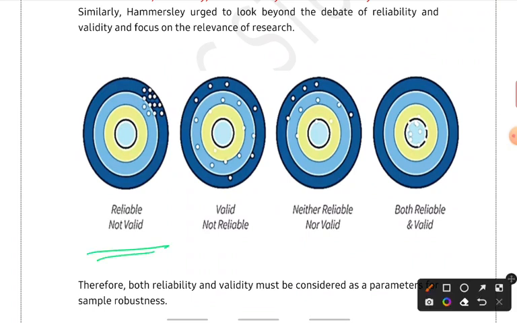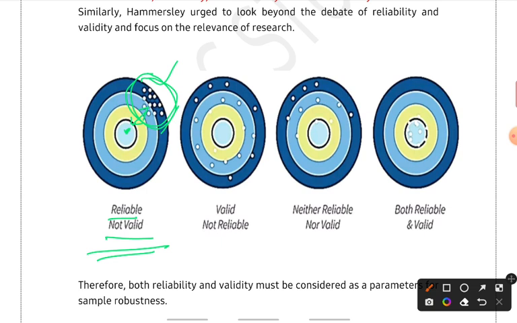Reliable, not valid, because this is the intended result in the center, but whatever data the researcher is getting every time he collects data, he is getting the same result in and around what he got the first time. So this is reliable but not intended. It is not valid but reliable.